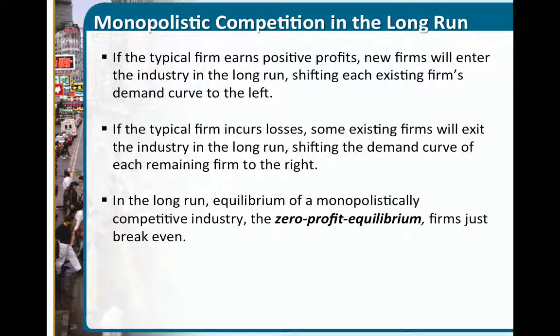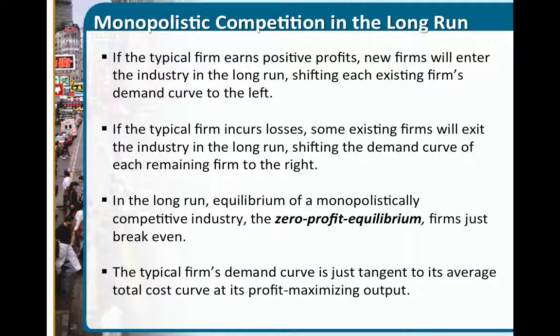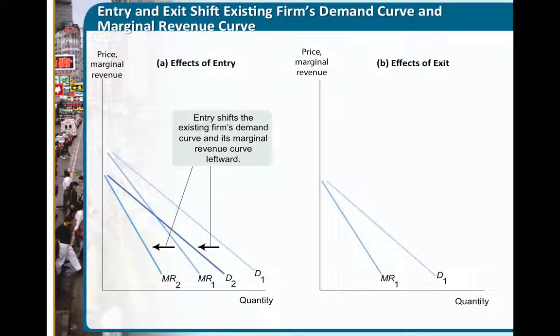So in the long run, there is a zero profit equilibrium. Firms will just break even because of this trend in the marketplace over the long run. And as you would expect, the demand curve is tangent to its average total cost curve at the profit maximizing output.